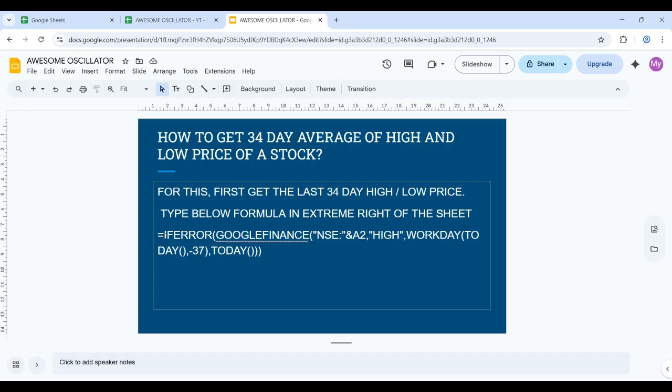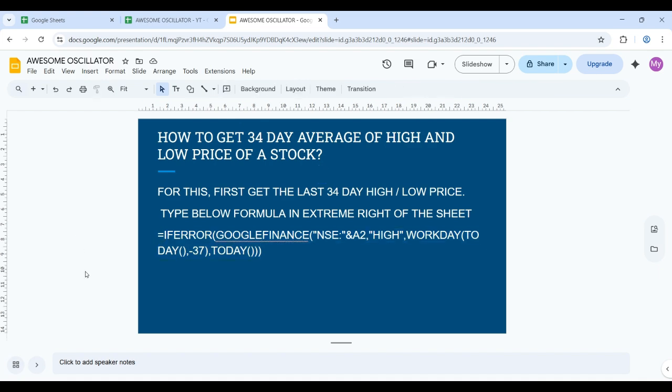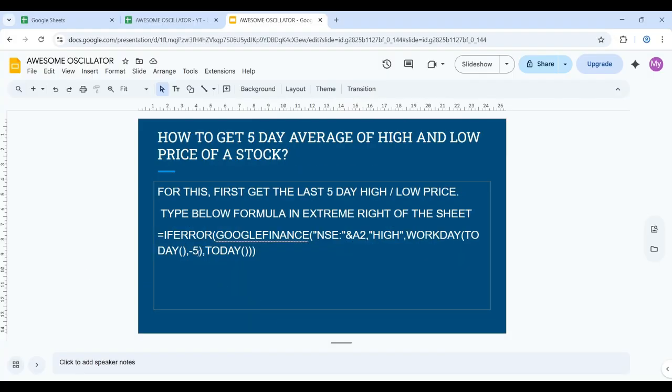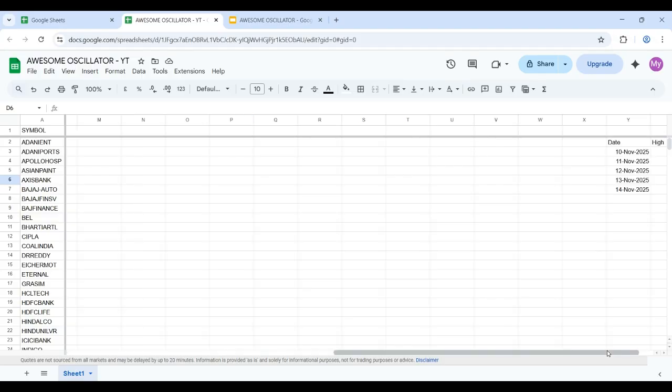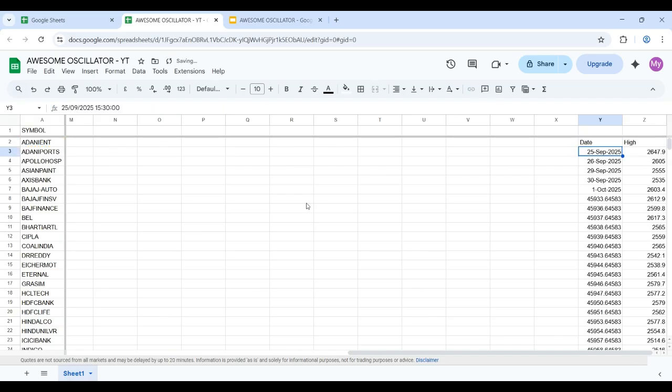So what I'll do is use the same formula like here. Here I have put -5, and here I have put -37. Okay, so I don't copy it, I'll just change the number. -37, I'll put. I'll change the format.